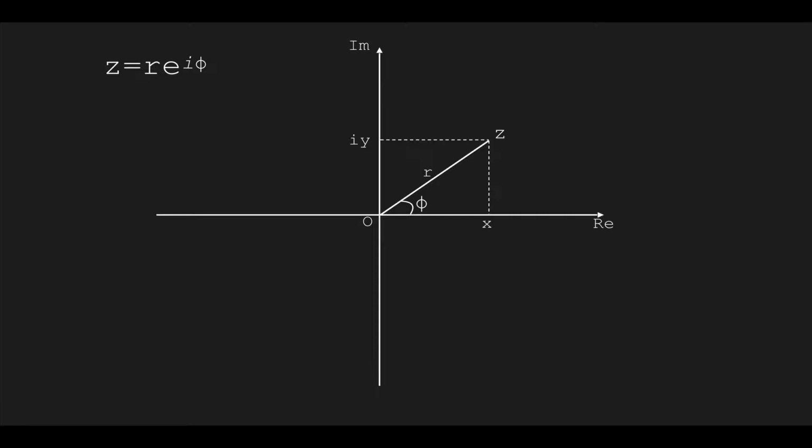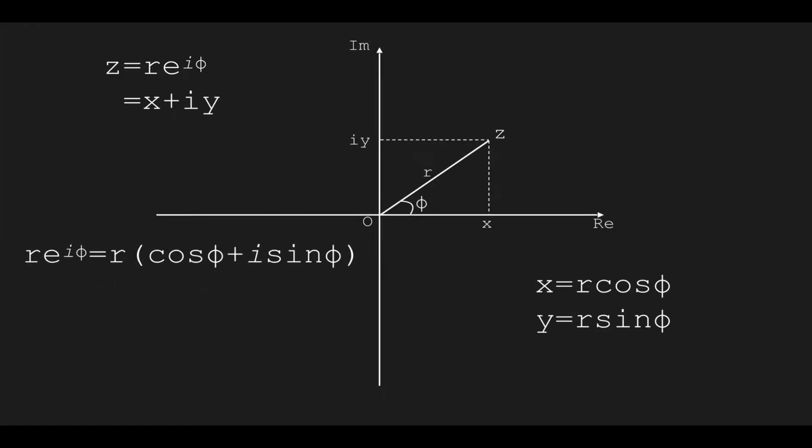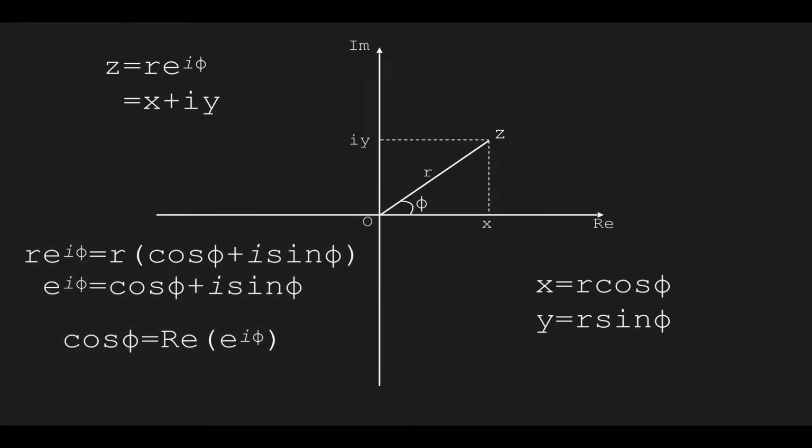We also know z equals x plus iy. Thus we can see from the graph that x equals r cosine phi, y equals r sine phi. So we have e to the power of i phi equals r times the sum of cosine phi and i sine phi. So we are safe to say that cosine phi equals x, which is the real part of e to the power of i phi, and sine phi equals y, which is the imaginary part of e to the power of i phi.